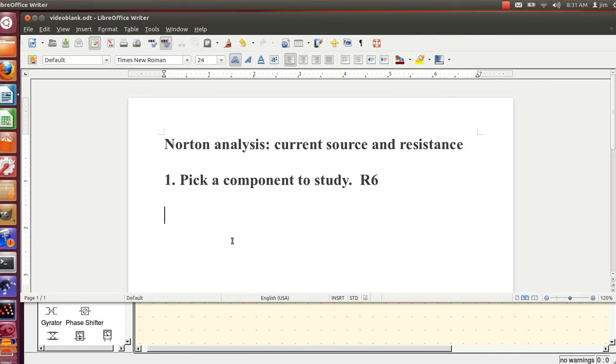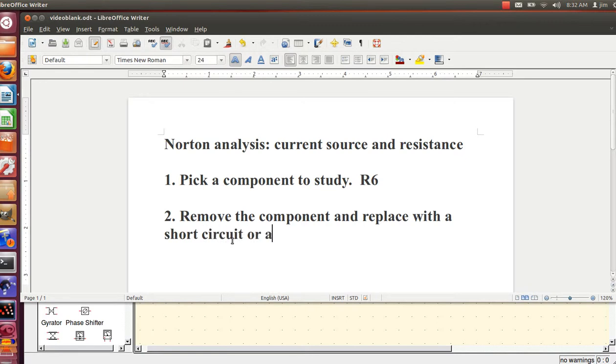For Norton analysis, the second step, unlike Thevenin, is we're going to remove the component and replace it with a short circuit or a wire, and calculate the current through the wire.